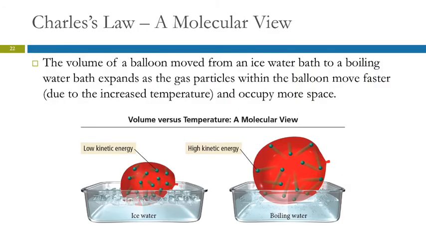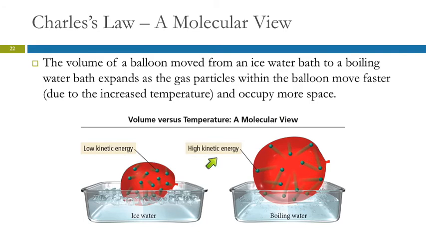So let's look at what's happening to the molecules here. And this is something you could try at home. Take a balloon, stick it in ice water, watch it shrink, and stick it in boiling water and watch it expand. What's going on here? Same number of gas particles, but in the cold environment, the gas particles have lower kinetic energy. They're moving more slowly, and so they're bouncing around here, exerting a pressure.